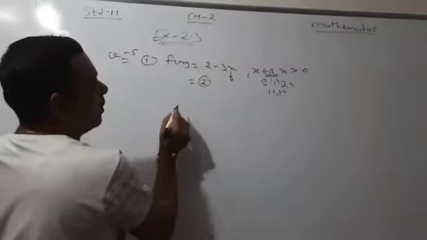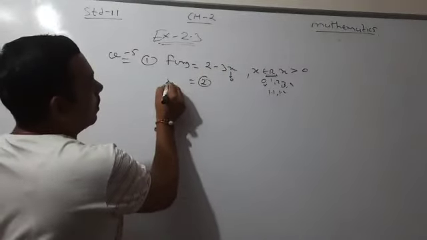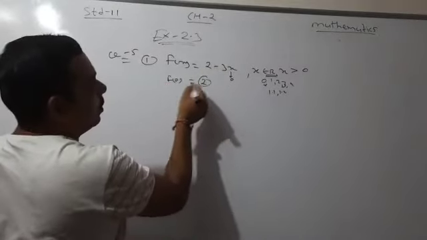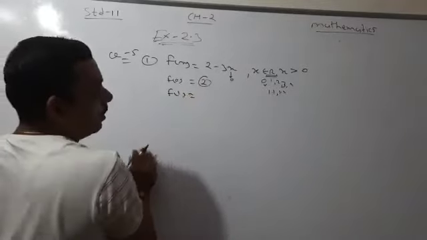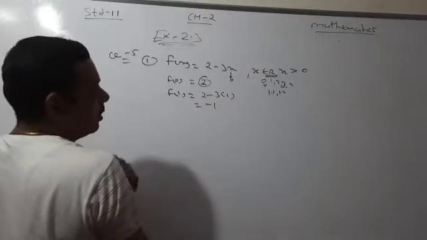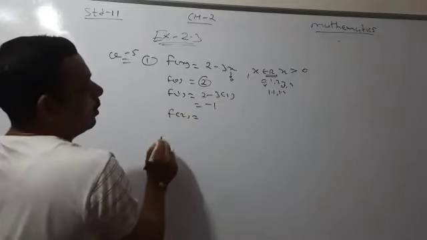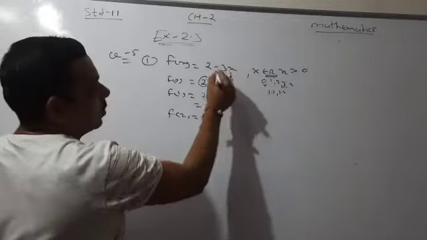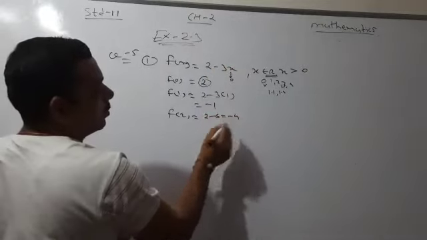Now when we put 0, we get 2. When I put 1, the answer is 2 minus 3 into 1, that is -1. When I put 2, my answer is 3 twos are 6, so 2 minus 6, answer is -4.